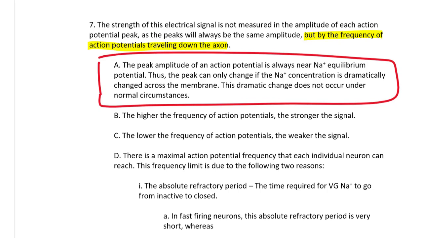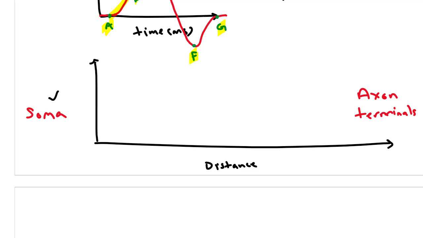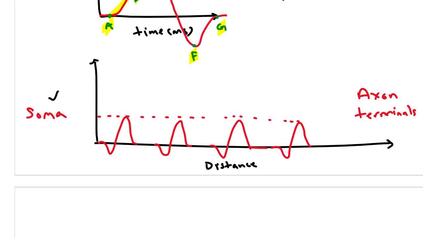So if I go back and look right here, here's my axon terminal, and we have the soma on this side. If I have action potentials moving down like this, I have one, another one, another one, and another one, and they're all at about the same peak.